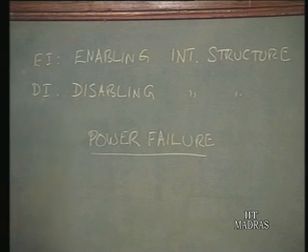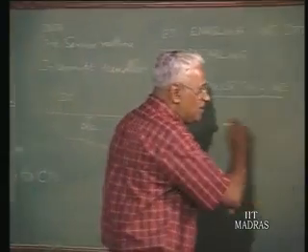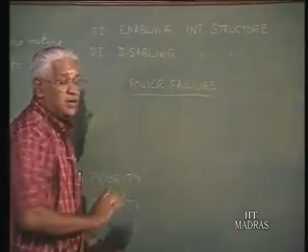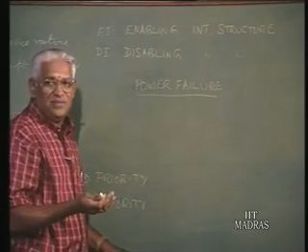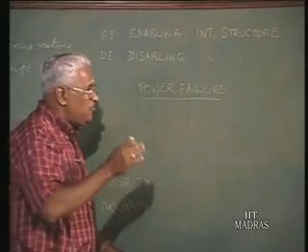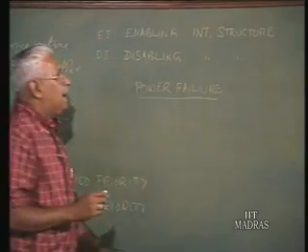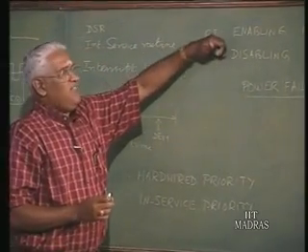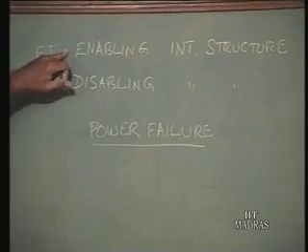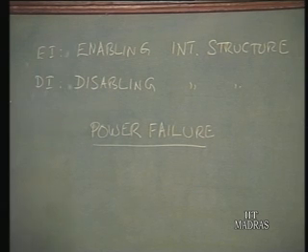So, generally certain inputs will be accorded the highest priority, and not only that, they will not be masked; you cannot disable them. So, the term that is used: by disable or enable, we can selectively enable certain interrupt inputs and selectively disable certain inputs.